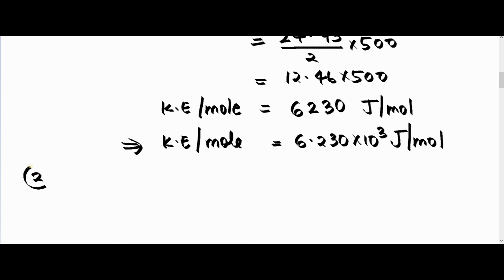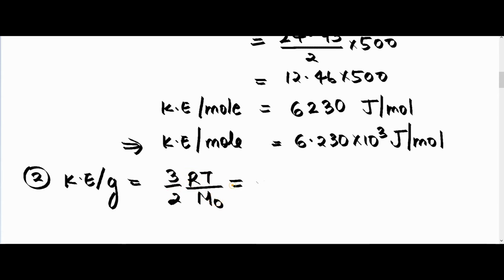Now let's move on to the second answer, which is kinetic energy per gram. The molecular weight they have given us, that is M0. The formula for kinetic energy is 3 by 2 RT divided by M0. 3 by 2 RT we got as 6.230 into 10 raised to 3 joule per mole.